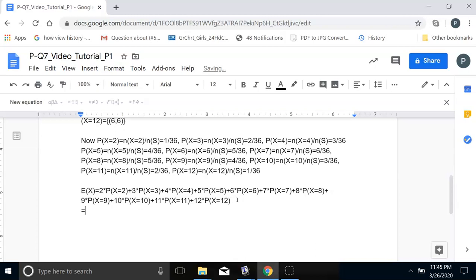Writing what these are equal to, the first one will be 2 times the probability X is 2, which is right here, 1 over 36. Next one will be 3. The probability X is 3 is 2 over 36. Then 4, probability 3 over 36.